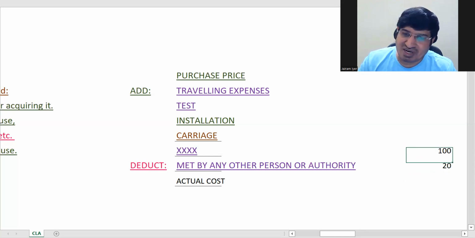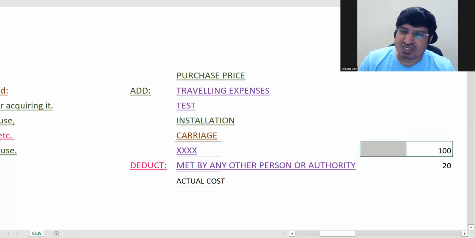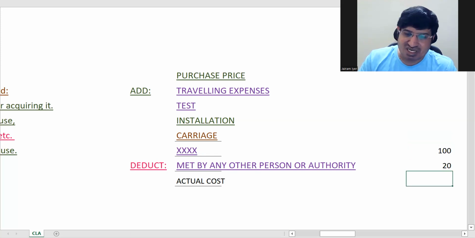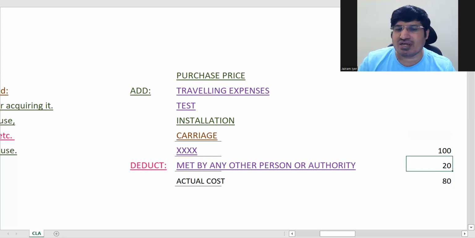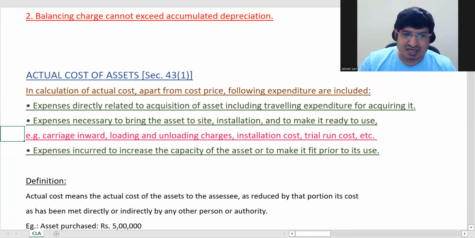So you've already been given a deduction of 20 out of this. What is depreciation? Basically, you are being given a deduction of the complete asset value. When you've already been given 20, why would they give depreciation of the full 100 again? That is why you deduct it. So this 80 is only depreciable because you've already got 20. Understood?